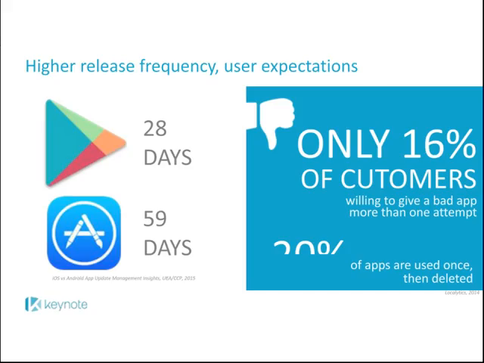To get back on point, the reality is that the compression of release cycles and release velocity is coming fast and furious. If you are in the Android mobile app development world, your release frequency is about every 28 days on average, and in the iOS world, it's about every 59 days.